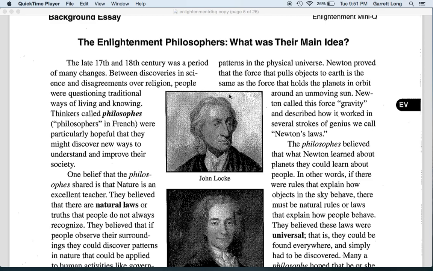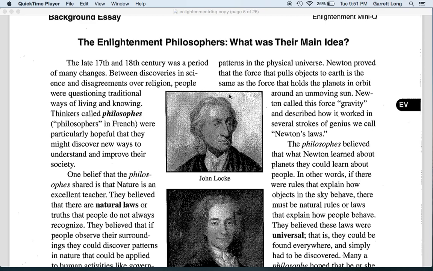Please highlight, there is one important idea that keeps reappearing. Also highlight, please, idea that is basic to all four thinkers. In other words, answer the question before us. The Enlightenment philosophers, what was their main idea?